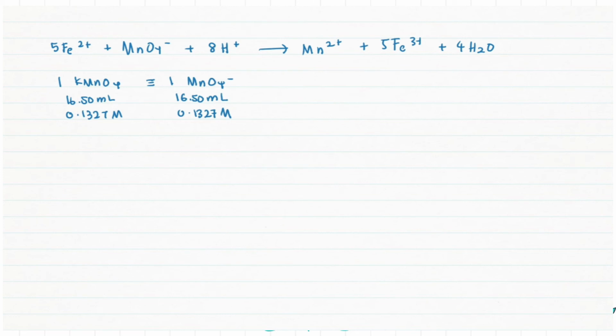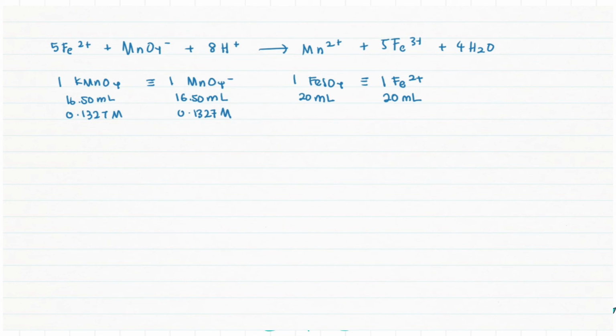Then the volume of FeSO4 solution is given. 1 FeSO4 contains 1 Fe2+, so if you have 20 ml of FeSO4, you also have 20 ml Fe2+.